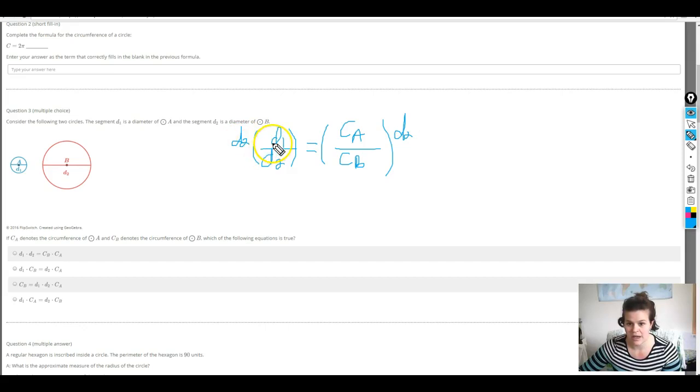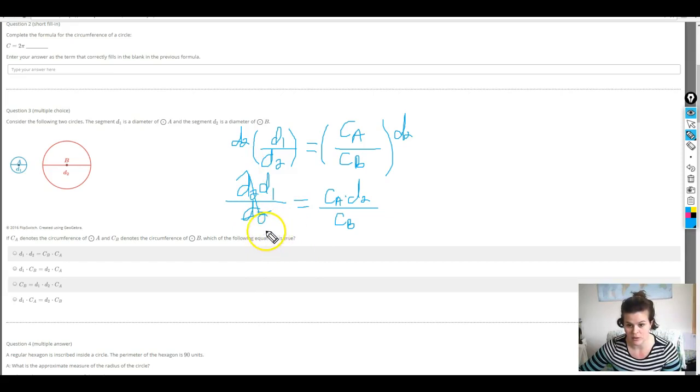So diameter 2 times diameter 1 divided by diameter 2 is going to equal diameter 2 times the circumference of A divided by the circumference of B. Now on this left-hand side we have a form of 1, so we can reduce that out since diameter 2 divided by diameter 2 is the same number.